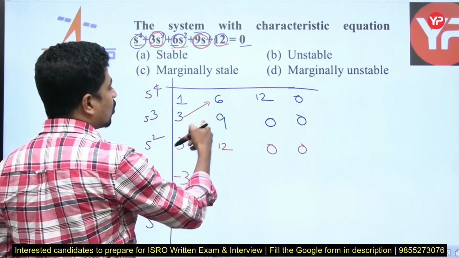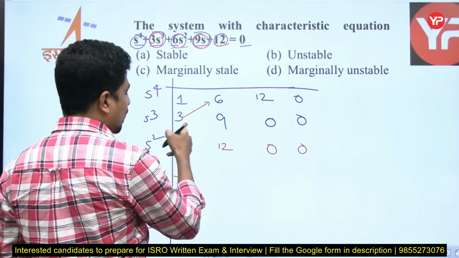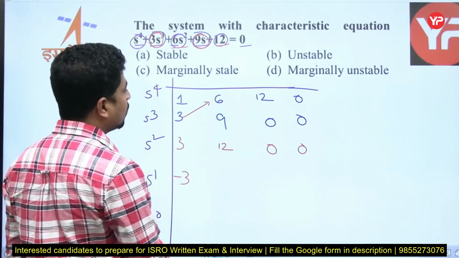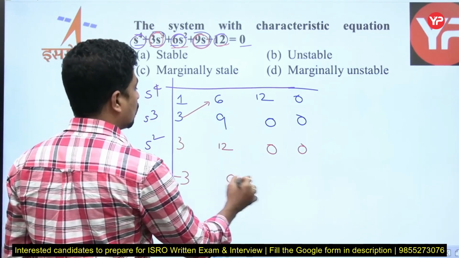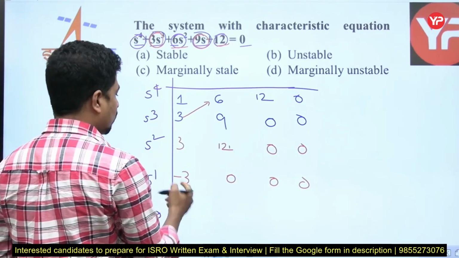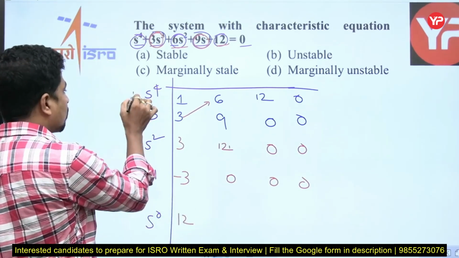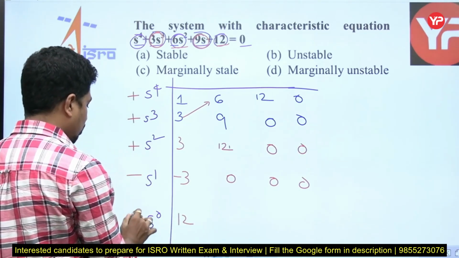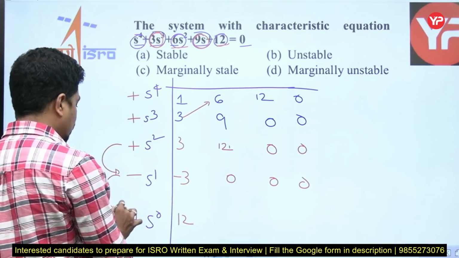Minus 3. Yes. 3 into 9, 27 minus 36 is minus 9. Minus 9 by 3 is minus 3. This is 0. This is 0. This is 0. Then you calculate this. This into this minus this into this by this will be, again this is 2. This is plus, this is plus, this is plus, this is minus, and this is plus. There are two sign changes.